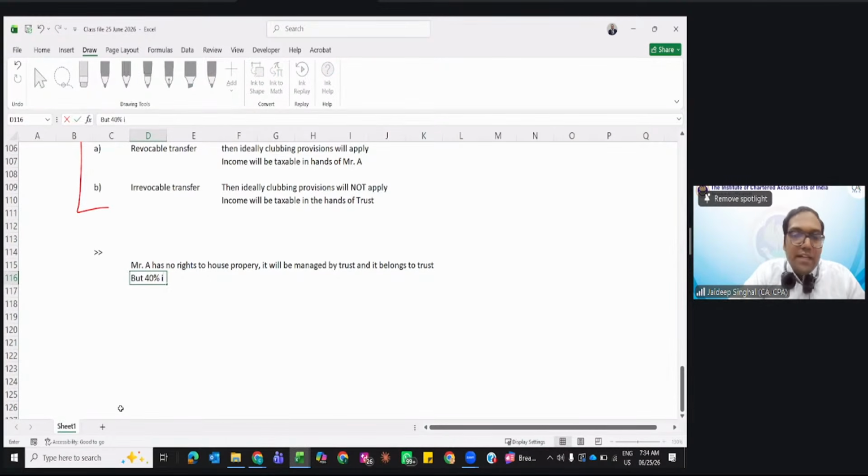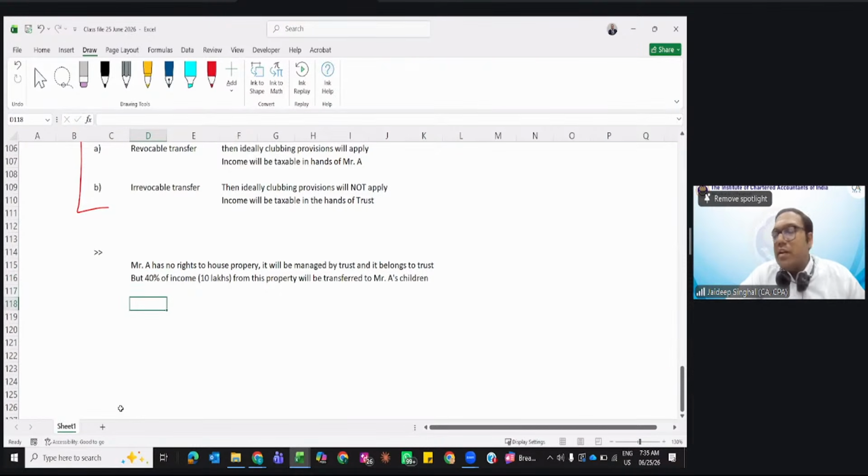But 40% of the income, and the income is, let's suppose, 10 lakhs from this property, will be transferred to Mr. A's children.